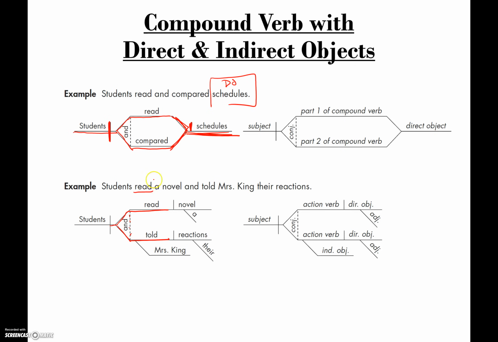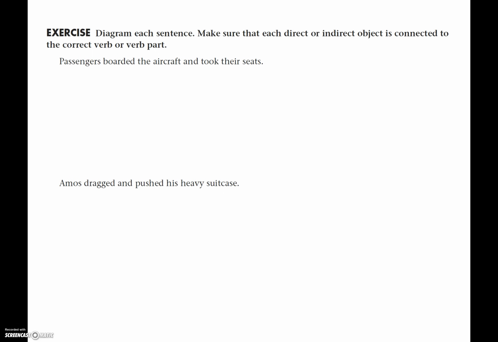But because we're reading a novel, that's a direct object, and we're telling reactions, that's a direct object, we're going to continue those lines and have two separate direct object branches. Now, the second one, told Miss King their reactions, also has an indirect object. So off of told, we have Miss King. And then, of course, you have your adjectives as normal. Go ahead and try these two, then unpause to check your work.